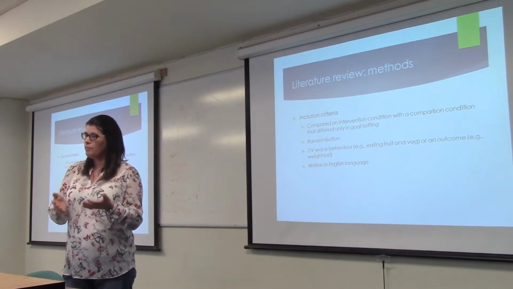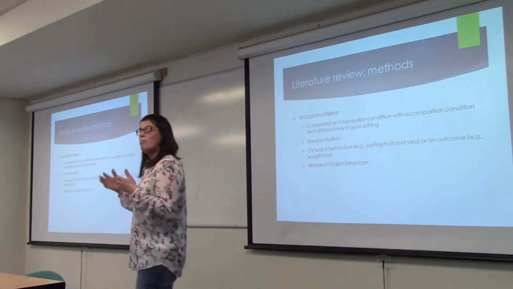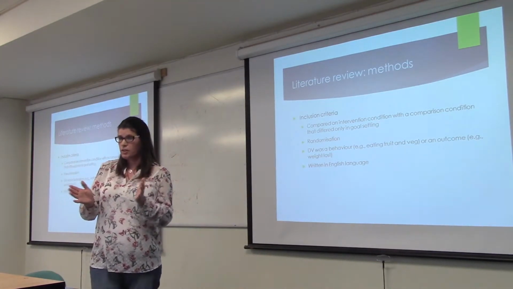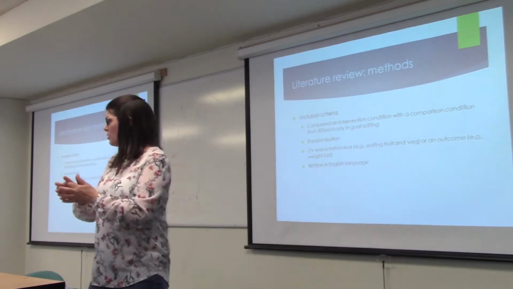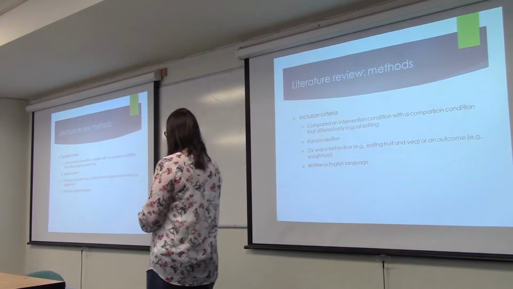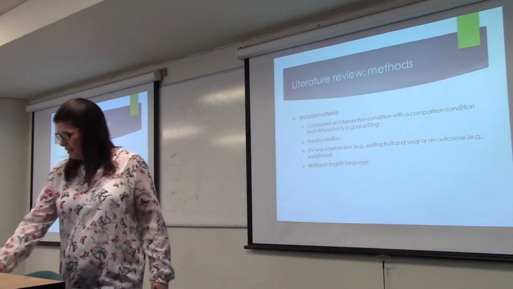If it's an outcome, this would be something like, I want to lose 1 pound per week. So they're slightly different. Some studies use both, some studies just use one of those. And written in the English language, because I'm monolinguistic, so we were just stuck with that.